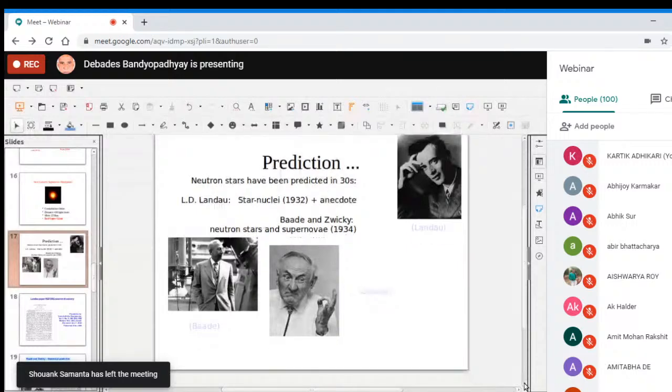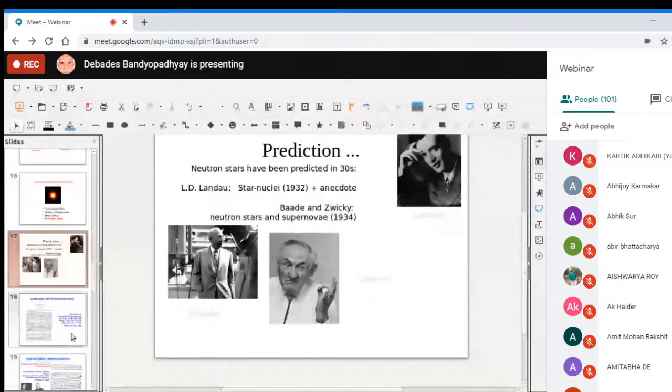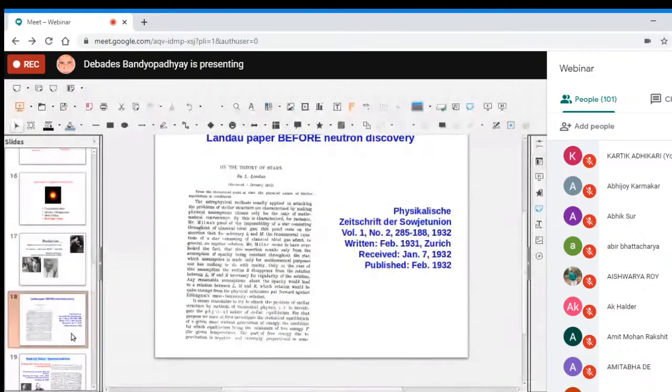Okay. So this is the paper of Landau. You can see on the right side when it was written, 1931, published. He had no idea of the discovery of the neutron when his paper was published. So in simple terms, he did not talk about neutron stars, he talked about a compact object as a huge bag of nucleus.